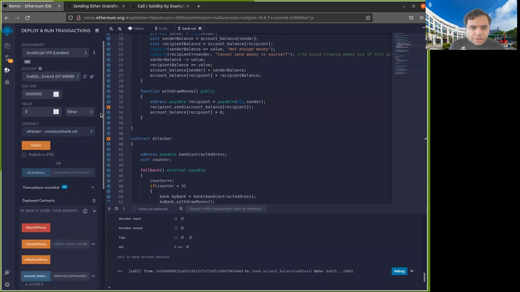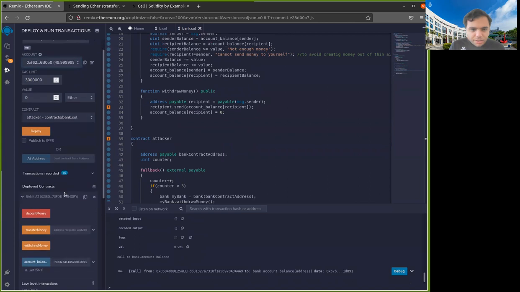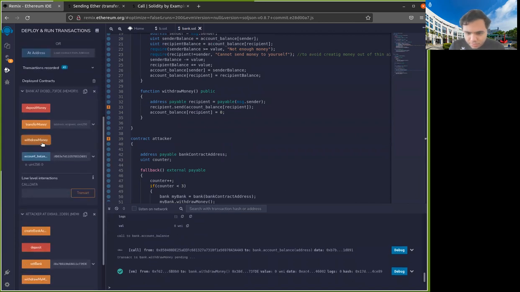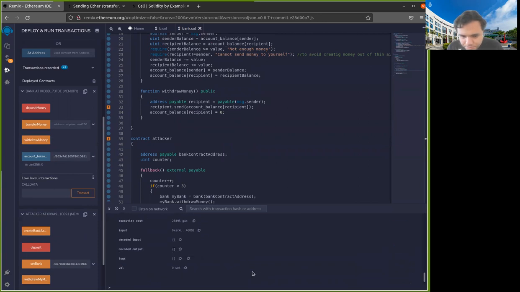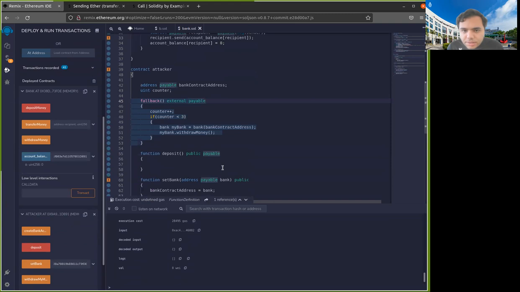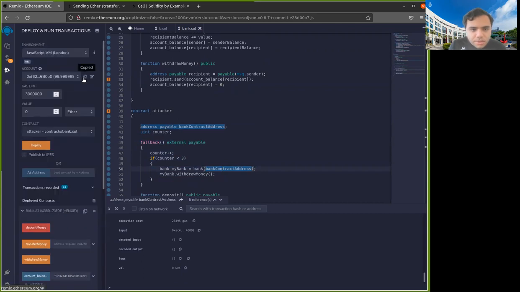So now if I go back to this previous guy who had paid the bank a lot of money and I want to withdraw, oops, okay. Something is wrong here. Actually, what is my account balance here?